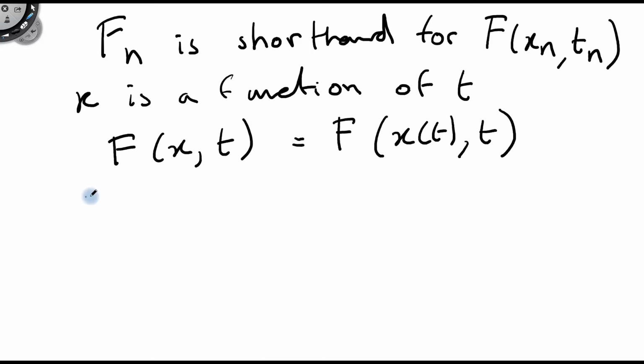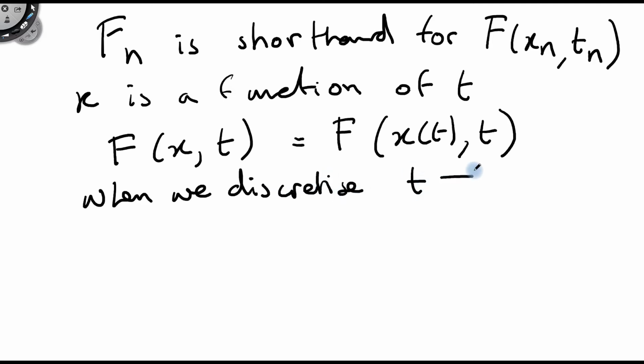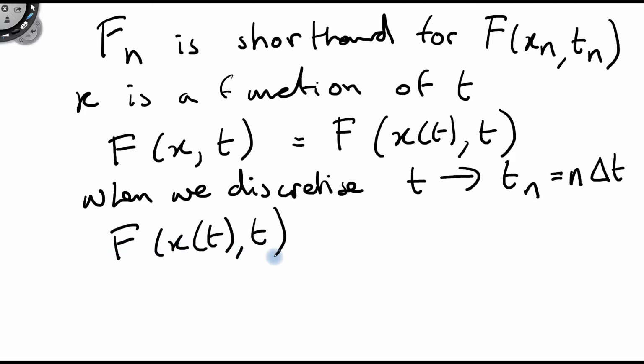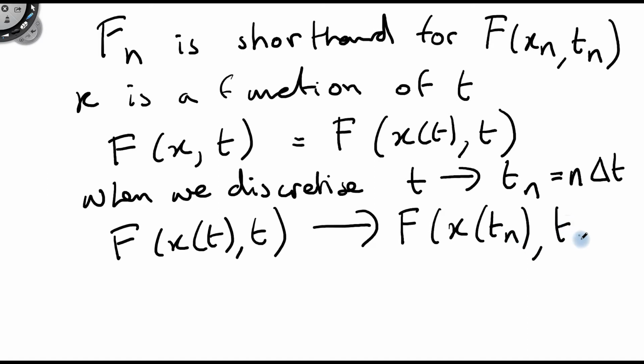And when we discretize, t goes to t of n, which is simply your integer times your time step. So that means that f of x of t comma t simply goes to f of x of t of n, t of n. So this may be laborious if you've already got this, but I thought I'd just make it clear why we can use this shorthand.